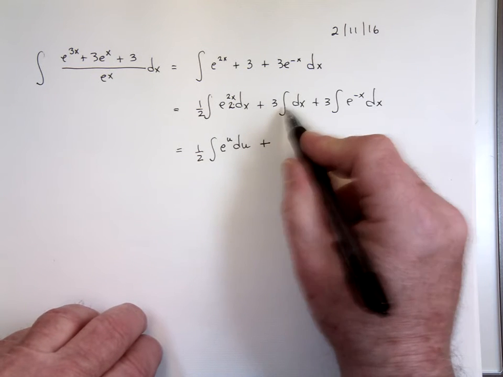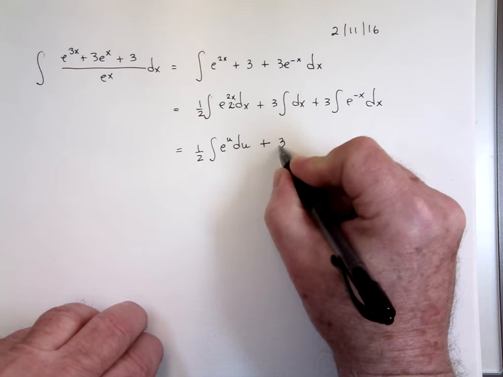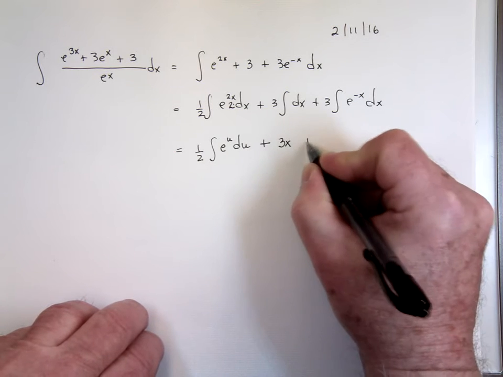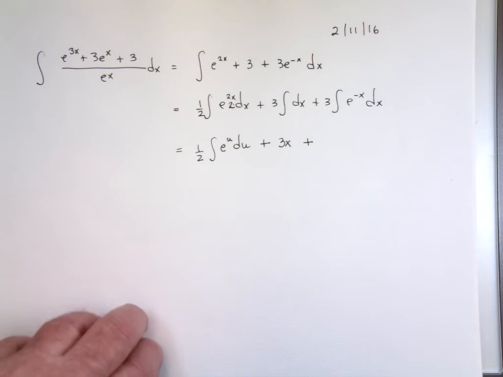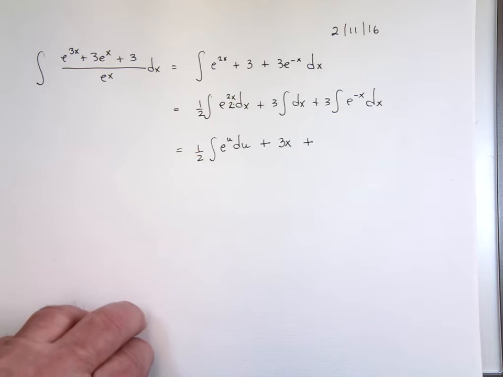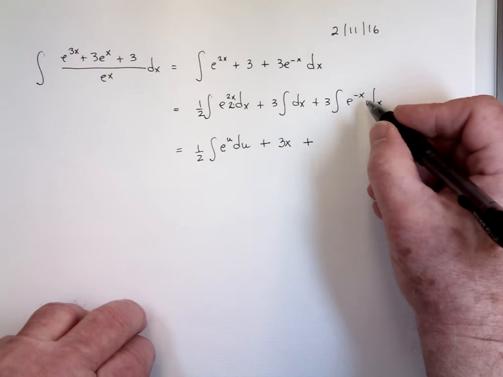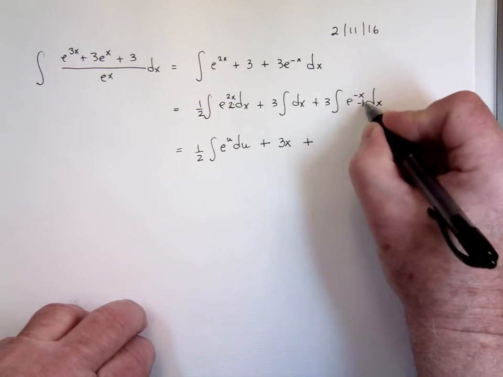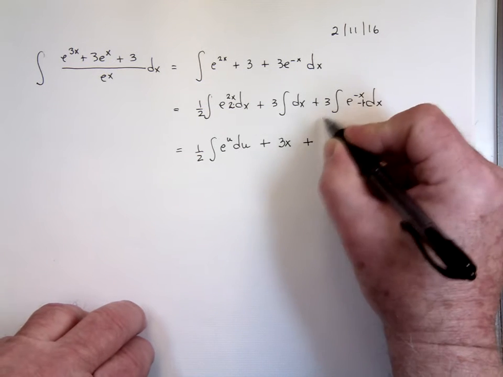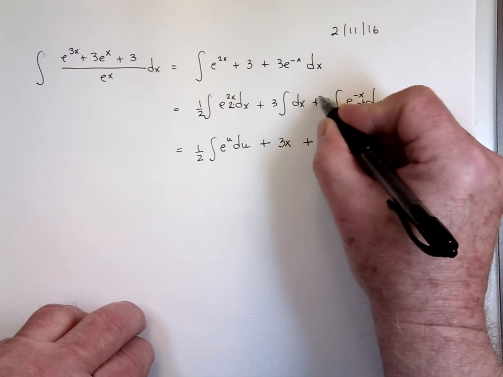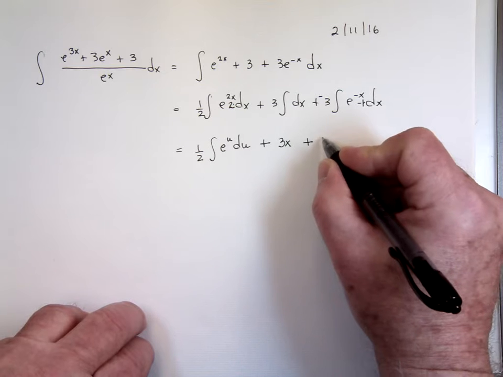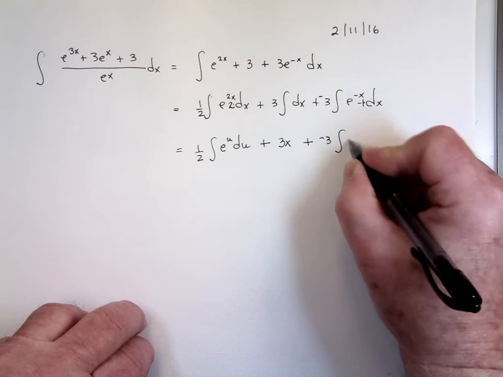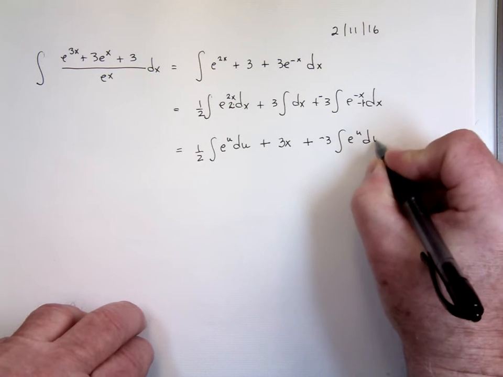The next one is just the integral of dx, which is just plain x. And the last one is an e to the u form where u is opposite of x. The du is a -1 dx. Multiply and divide by -1, but that's the same as multiplying by -1. So we end up with a -3 e to the u du here.